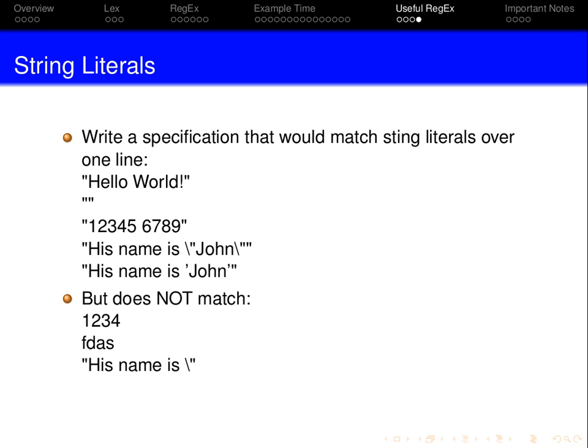All right, here we go. This one's fun. Match string literals over one line, aka those quotes. So it has to start with a quote and end with a quote.